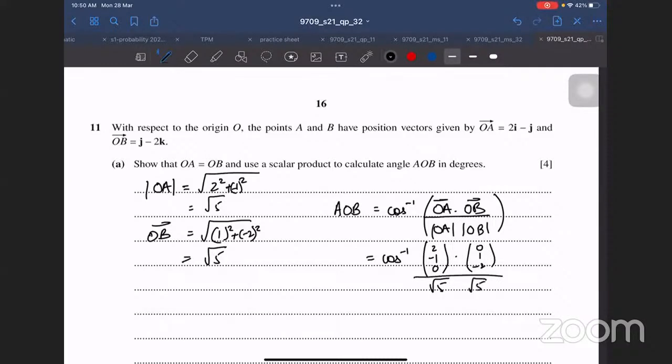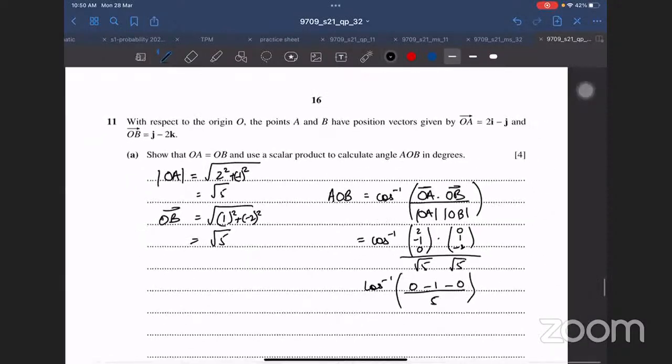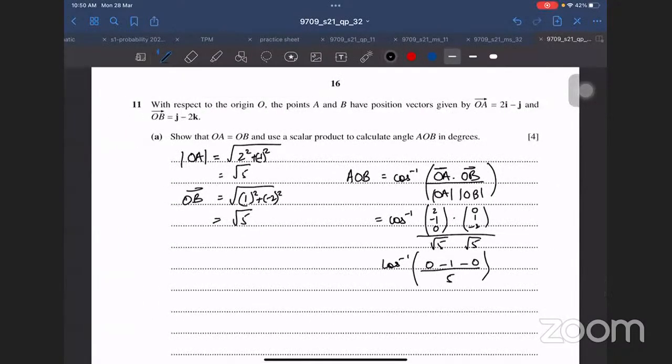Root 5 and root 5 is fine. So 0 minus 1 minus 0, 5. Cos inverse of -1 over 5. What do I get?